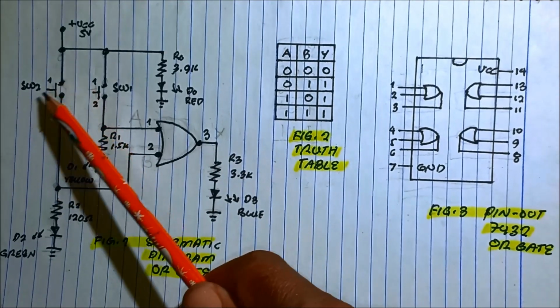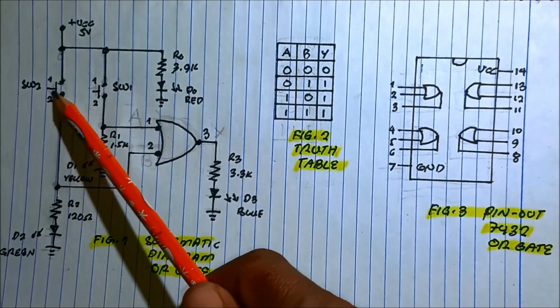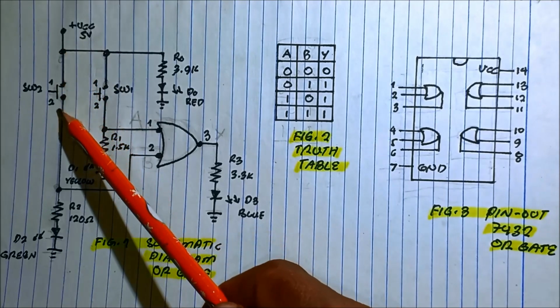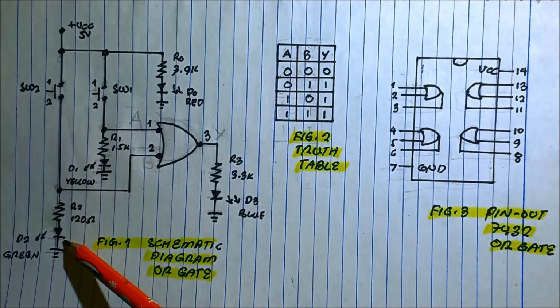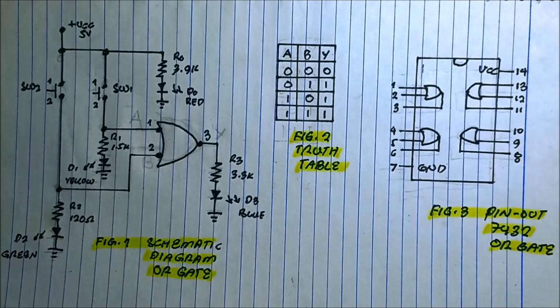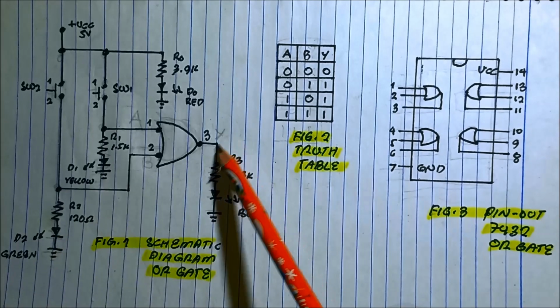Pressing this switch on will make the current flow into the green LED, turning this LED green on. What happened to the output?